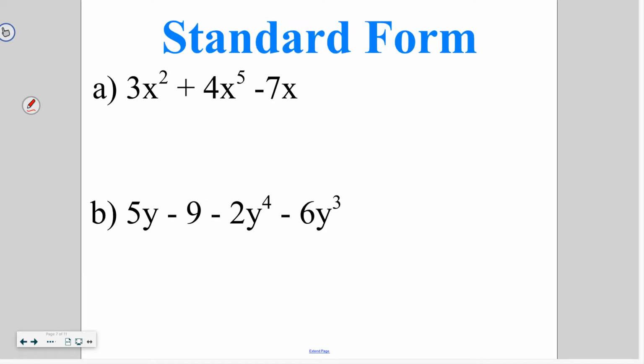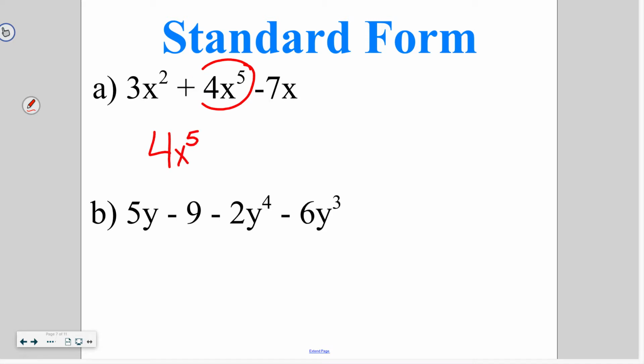Our next thing we have to worry about is standard form. This is where we are paying attention to the exponents and rearranging so that the highest exponent is first. If we're looking at this first expression, I've got 3x squared plus 4x to the 5th minus 7x. This 4x to the 5th has the biggest exponent, so that needs to be our first term.